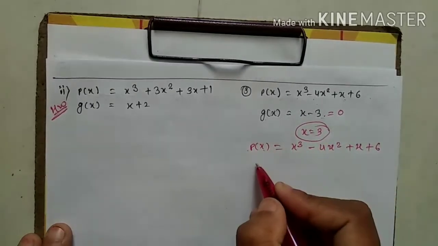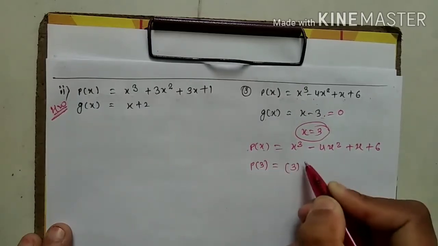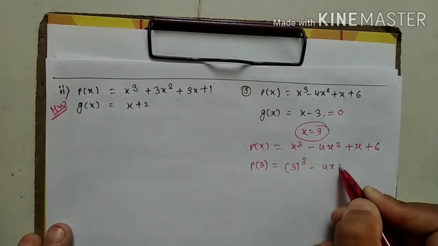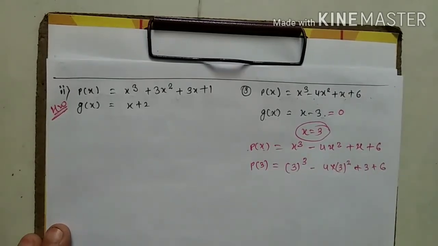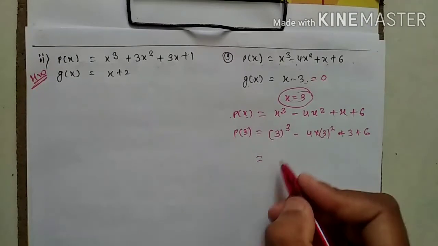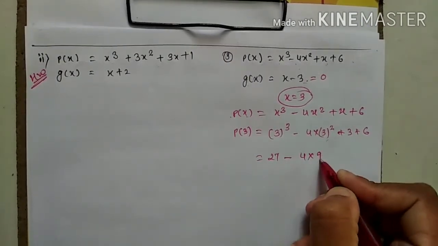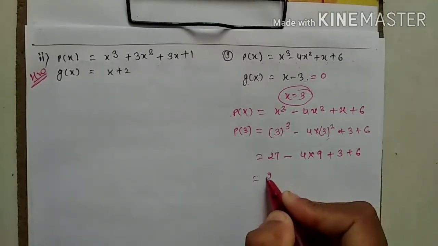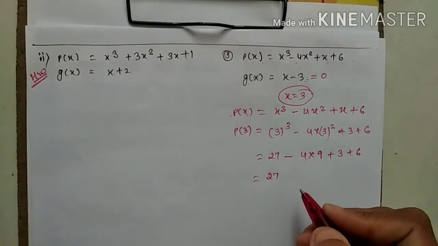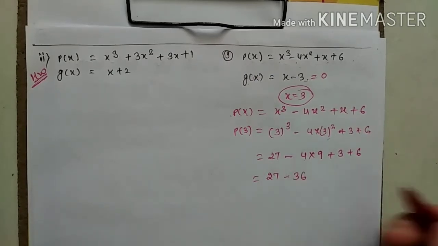P of x, in the sense on the place of x, what you have to put? 3. So 3 cube minus 4 into 3 square plus 3 plus 6. After that, 3 cube is 27 minus 4 into 3 square, which is 9, plus 3 plus 6. 27, 4 nines are 36.